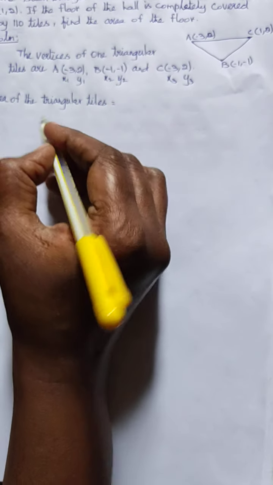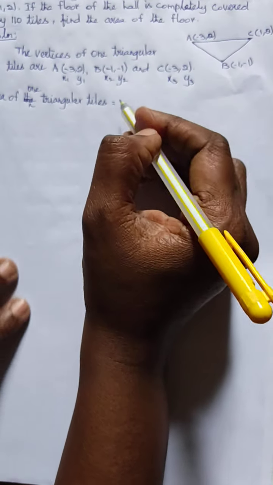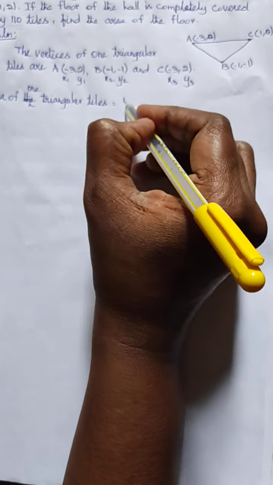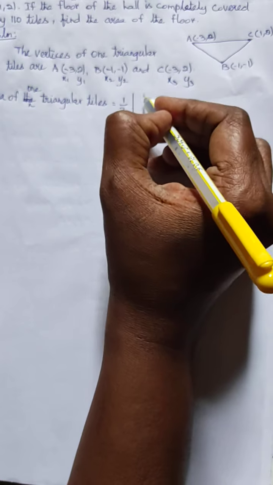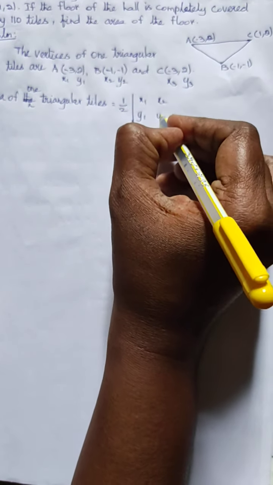Area of one triangular tile is equal to, we have to write the formula, half into, then the points x1, y1, x2, y2, x3, y3, again x1, y1.